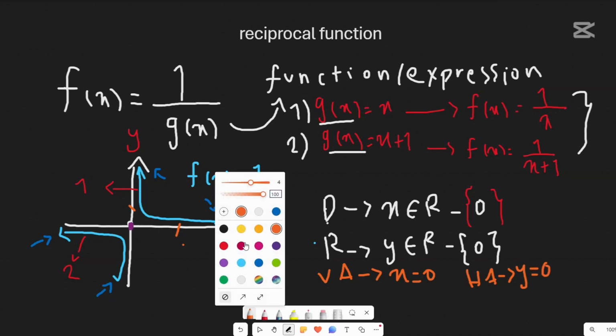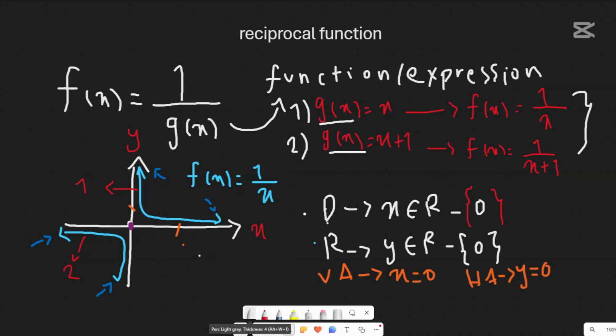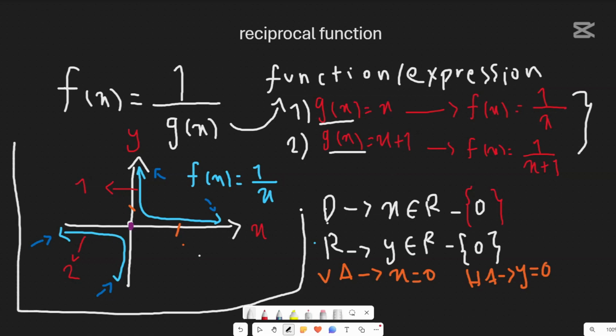So this is a very simple explanation of the reciprocal function, and it was a very easy one, right? It was just 1 over x, and we can see how we sketch the function, how we find domain, range, and vertical and horizontal asymptotes.